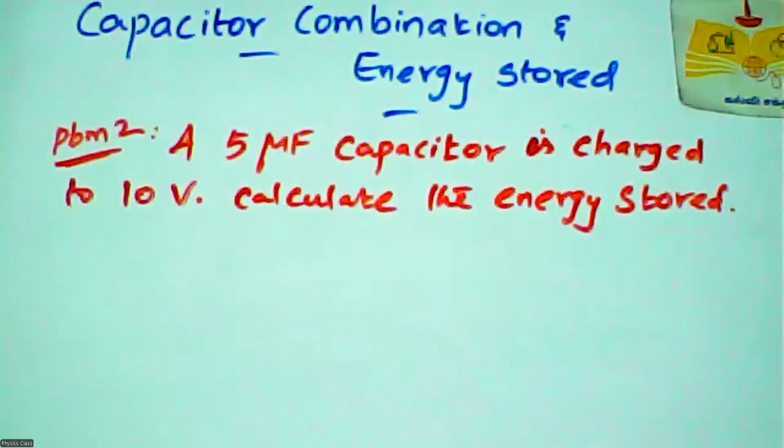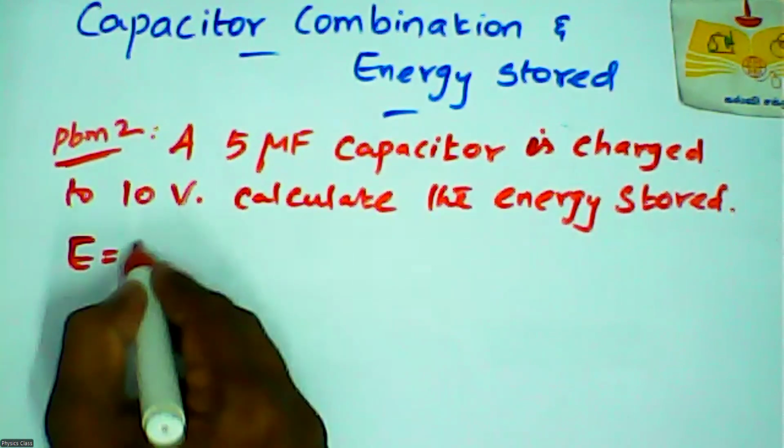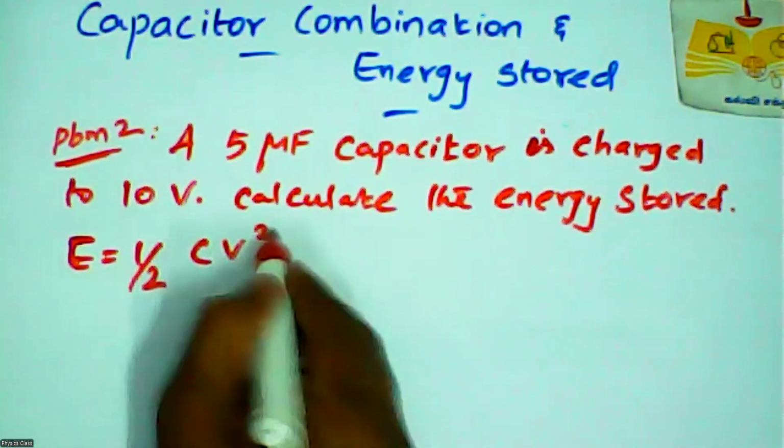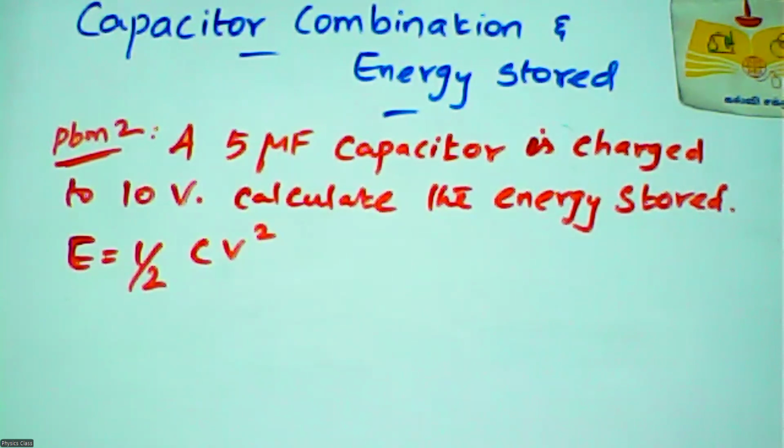So we use the formula E is equal to half CV square, because we have C and V. Suppose if we have, for example, charge and voltage, or charge and capacitance, we can change the formula.